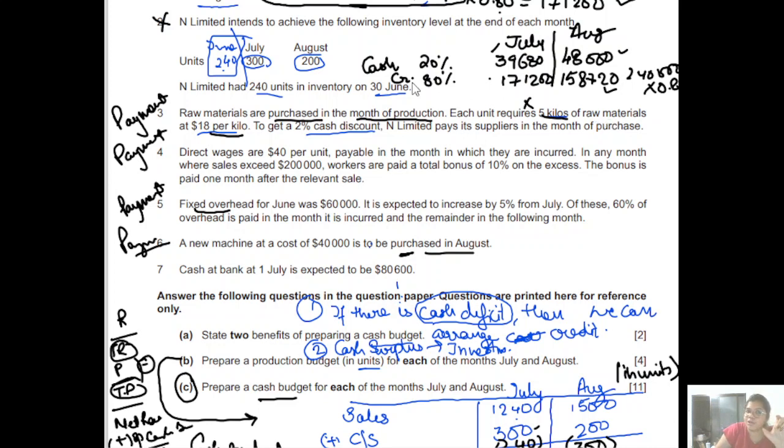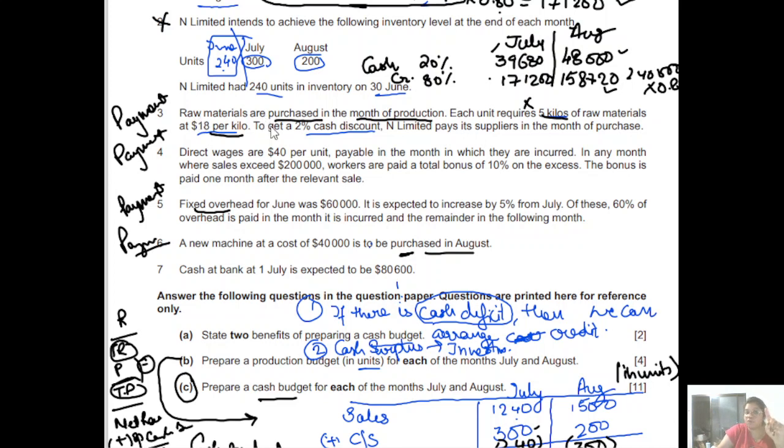Whatever you produce in the month of July, whatever you produce in the month of August, for raw material purchase, how much raw material do you require for each unit? 5 kilo raw material is required, and 1 kilo's rate is $18. So from here you can easily find out how much you paid for purchasing raw material.